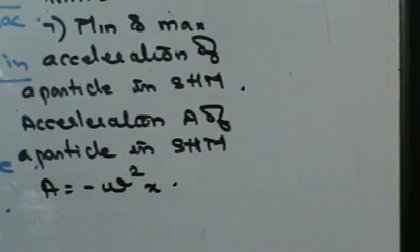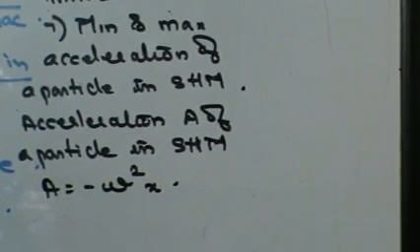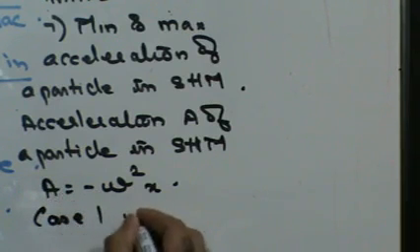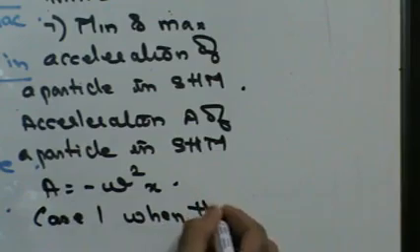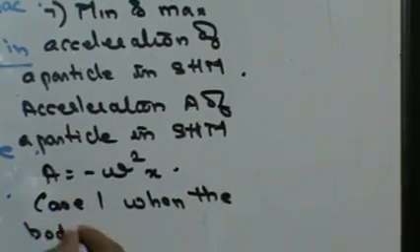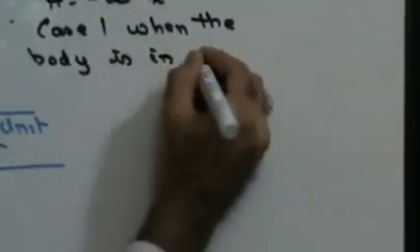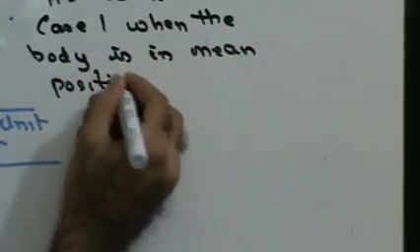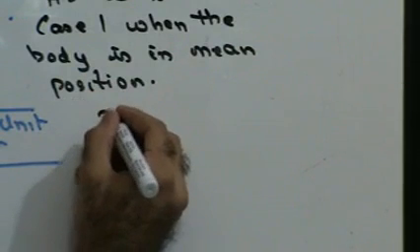Now let us try to find out what is the minimum and maximum acceleration. Case 1: when the body is in mean position. When the body is in mean position, the displacement of the body is going to be 0.